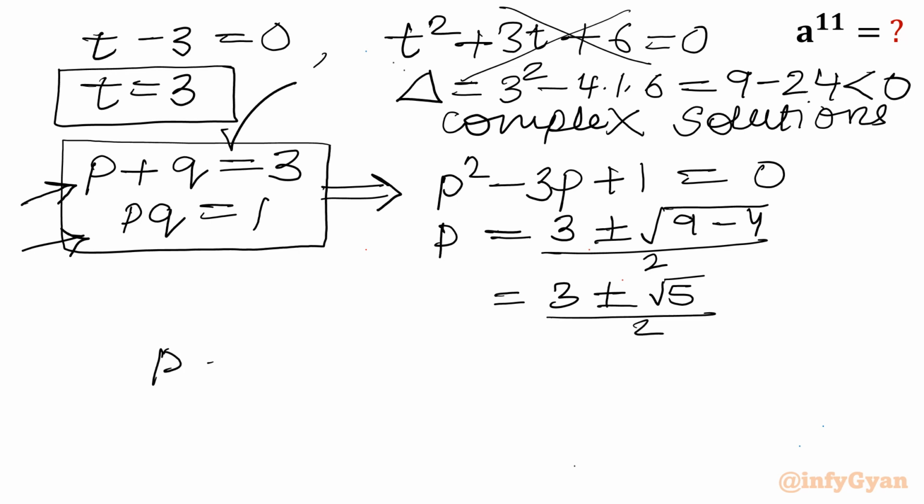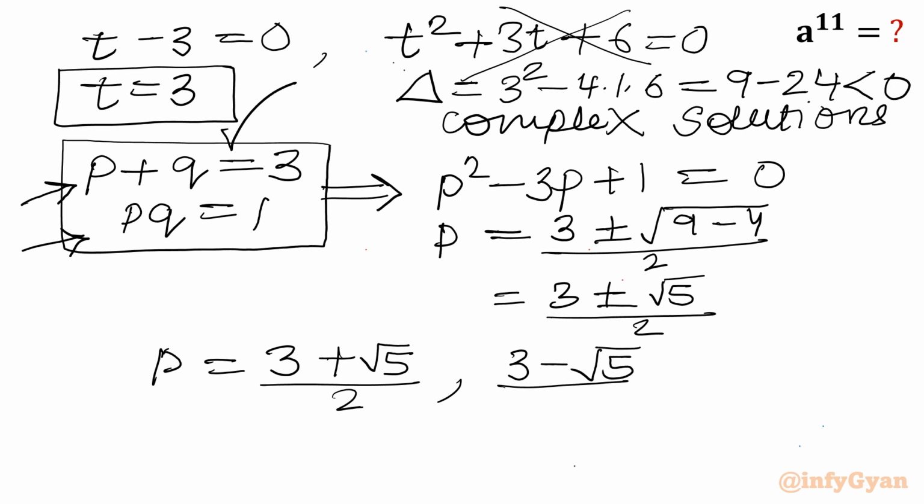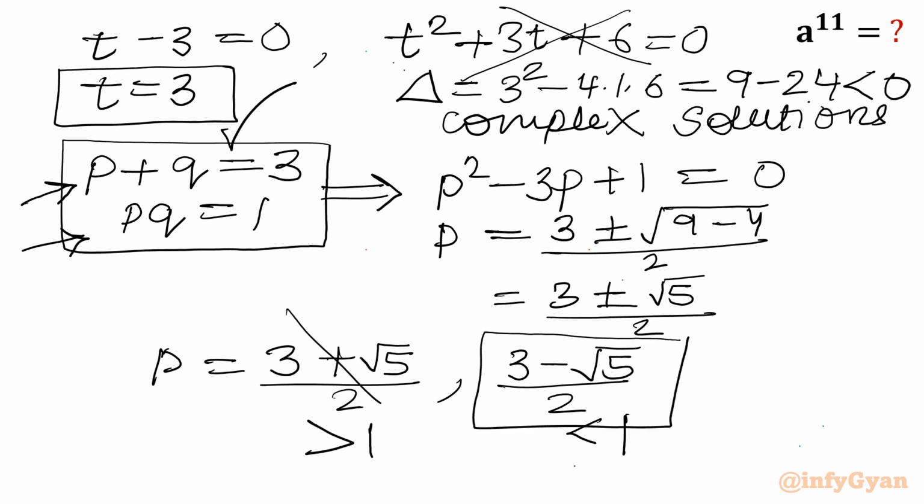Let me write here P equal to 3 plus root 5 over 2, P equal to 3 minus root 5 over 2. Now you can see this value is greater than 1. And this value is of course positive but less than 1. So our solution is here. This will be rejected. So P will be equal to 3 minus root 5 over 2.